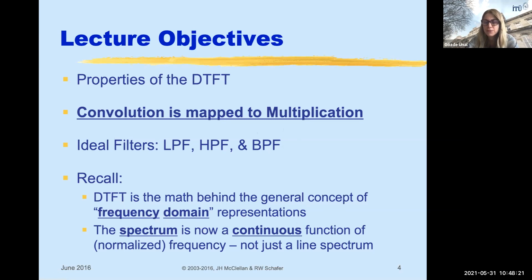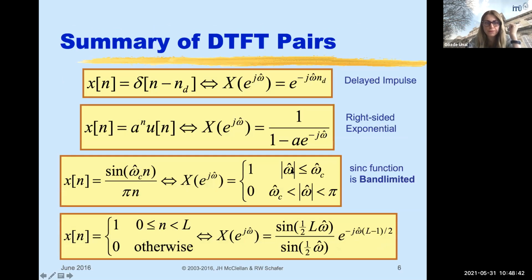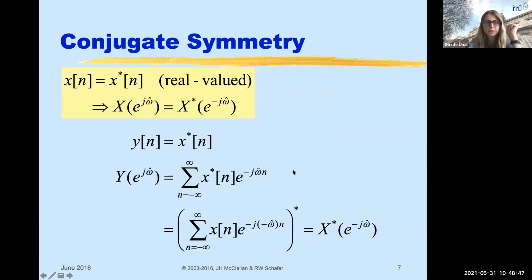Remember that for the Fourier series representation, it was just discrete frequencies, multiples of the fundamental frequency. And for the DFT, it's going to become a line spectrum or discrete spectrum. We've seen this in the past hour, so I won't repeat it. We've already looked at these discrete time Fourier transform pairs.